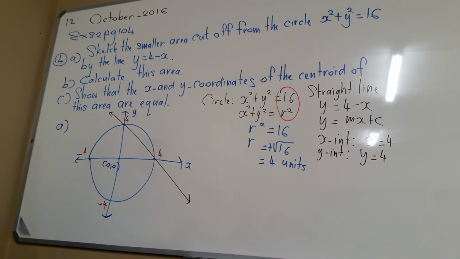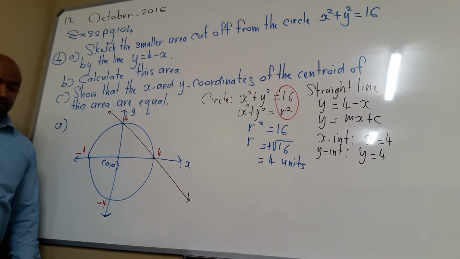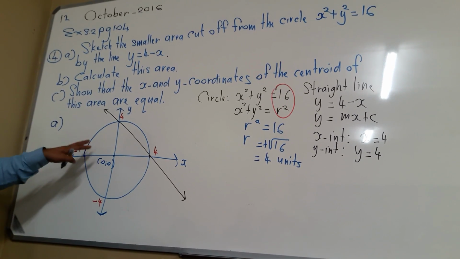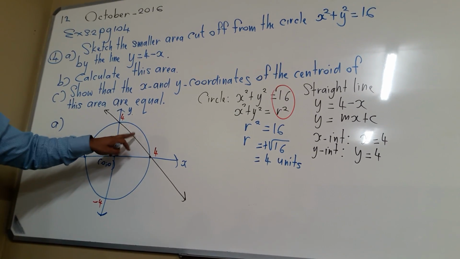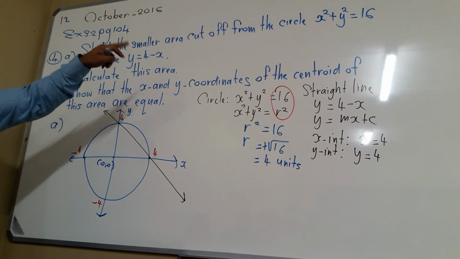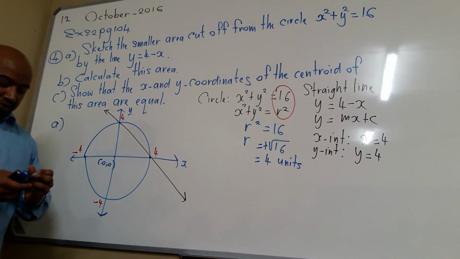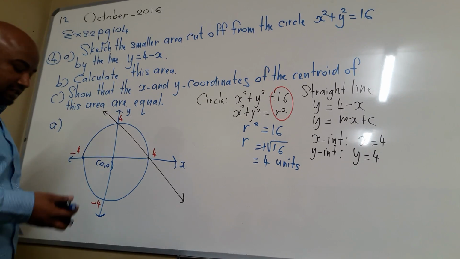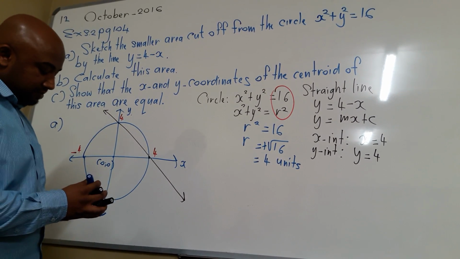Right, so now there are two areas. We got the larger area and then we have the smaller area. So the question states, sketch the smaller area cut off from the circle. So we are only interested in the smaller area, which is this part here.